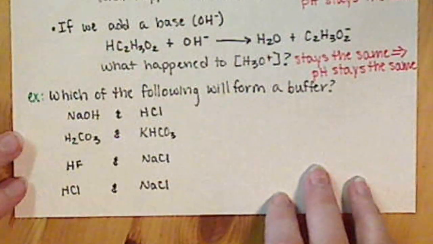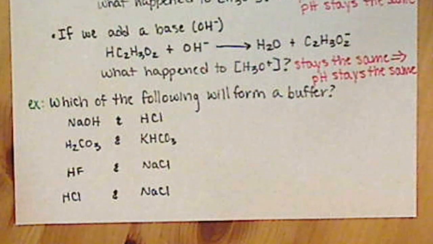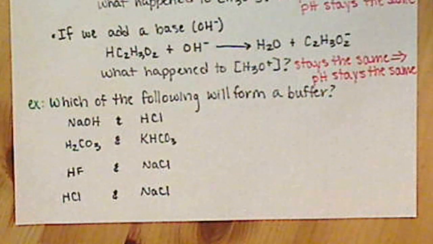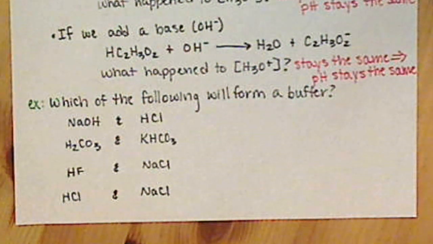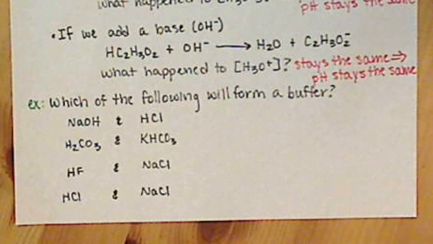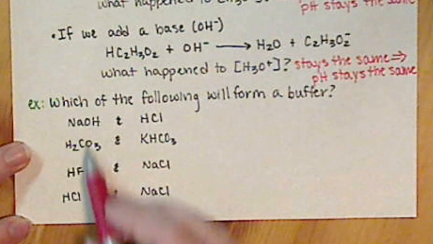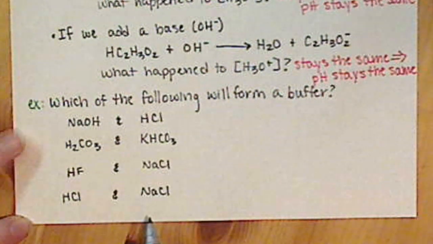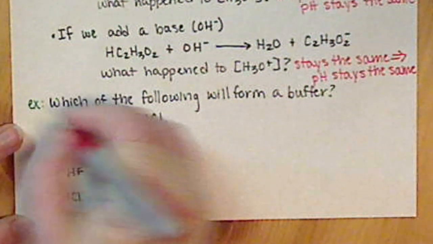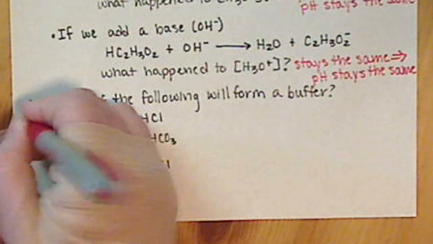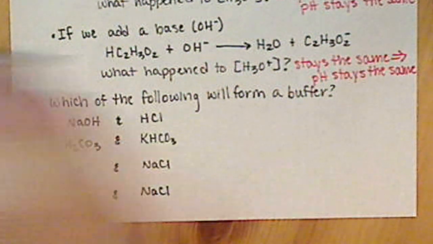Now, in section 10.2 is where we discussed strengths of acids, strong versus weak. And remember I said you don't have to memorize that. That would be something that would be given to you. So in addition to these combos, I would also tell you that sodium hydroxide is a strong base. I'll put that in blue.